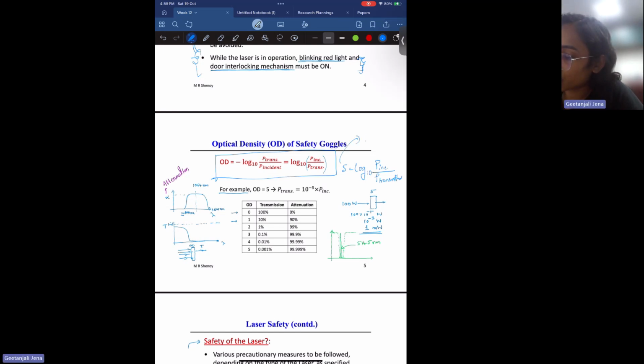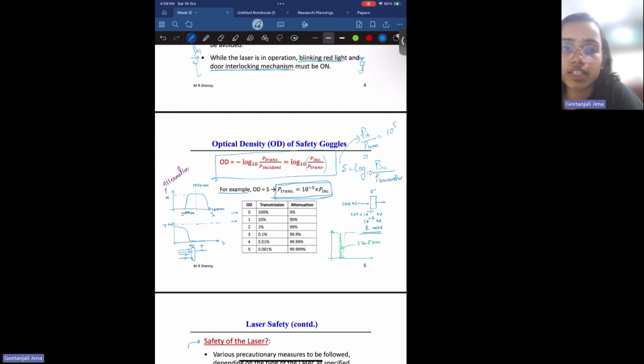Let us take an OD of 5. So 5 equals log 10 of P incident divided by P transmitted. If you remove the log, then P incident by P transmitted will be 10 to the 5. So P transmitted will be 10 to the 5 lower than the P incident.